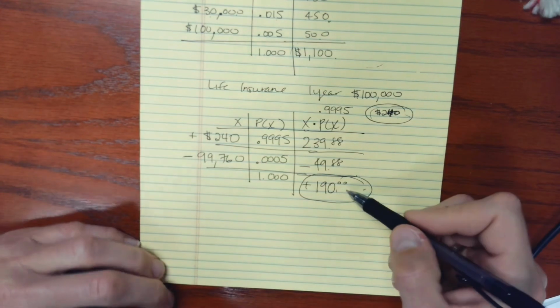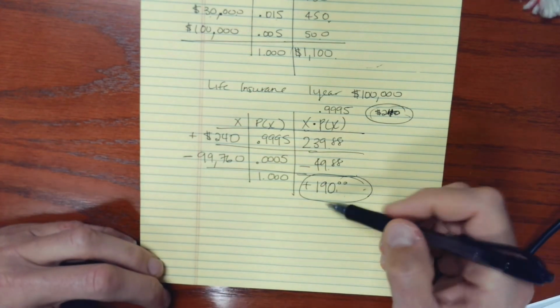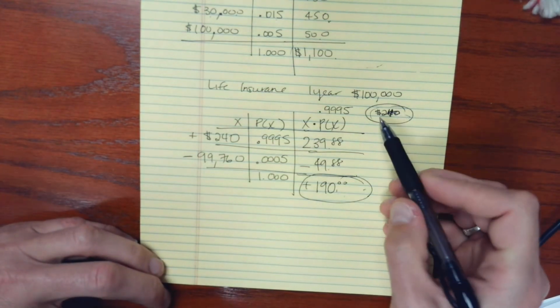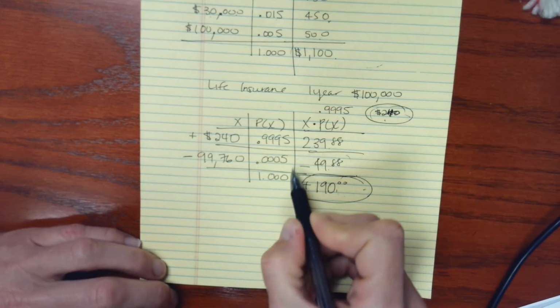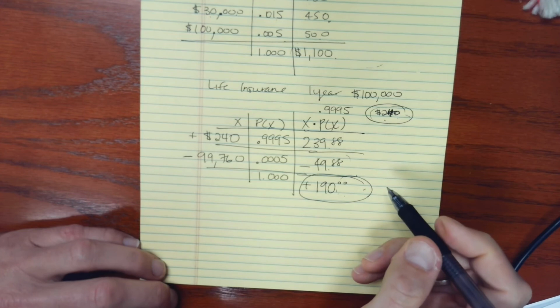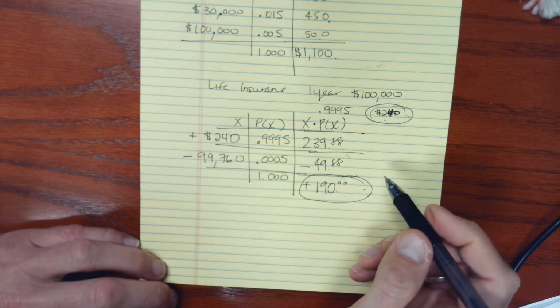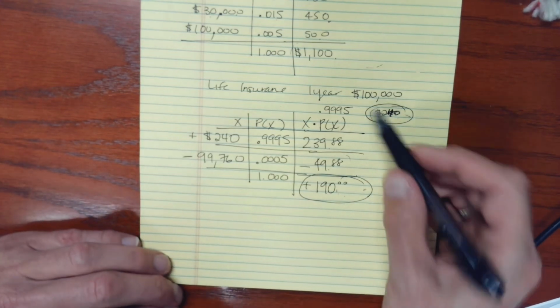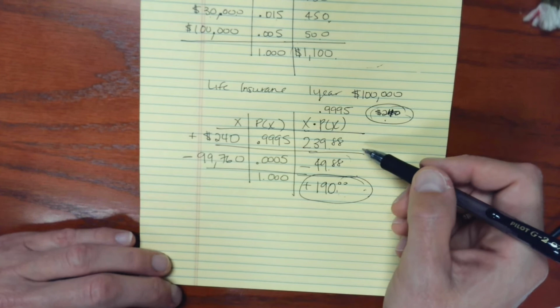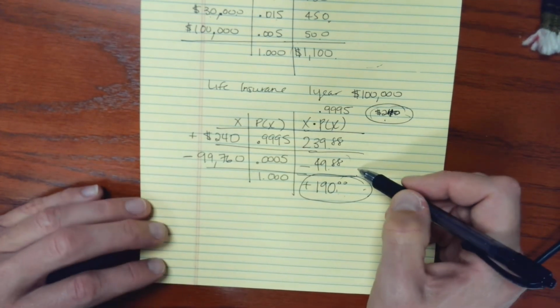If I'm able to sell them for $240, that's actually, I think, in real life, pretty high. So you could probably sell a policy like this for much more. As long as you sell it for more than $50, I think you'd be in good shape. Let me think about that for just a second. Let's say that you did sell it for $50.